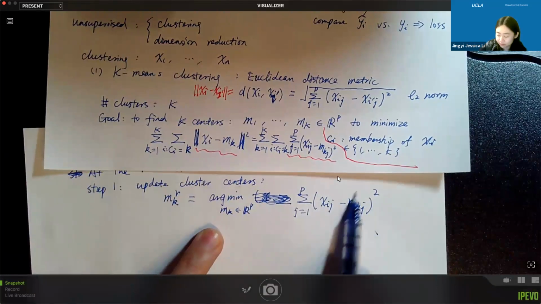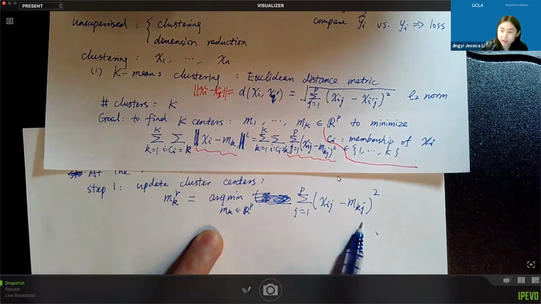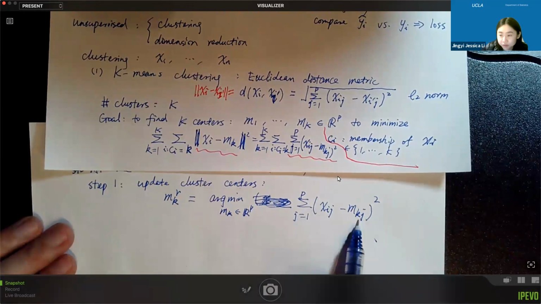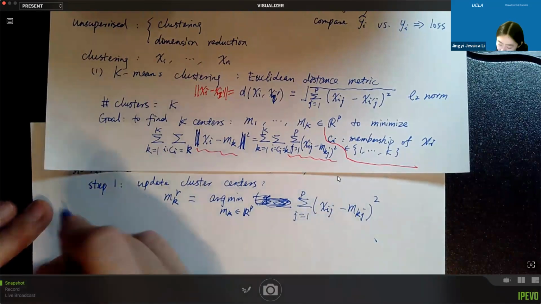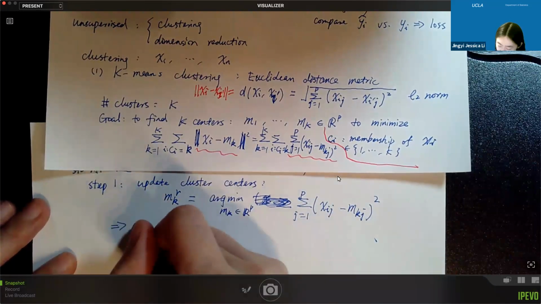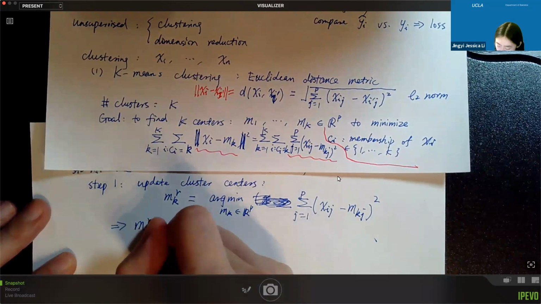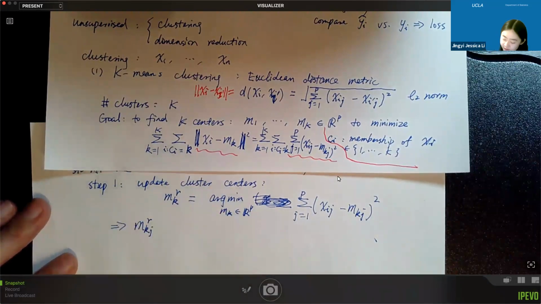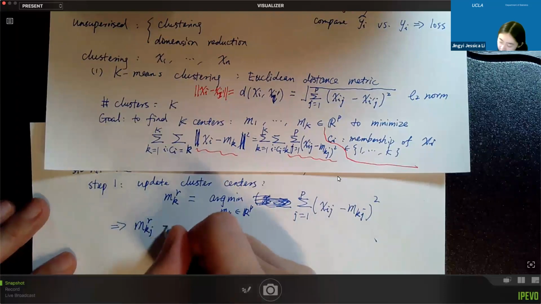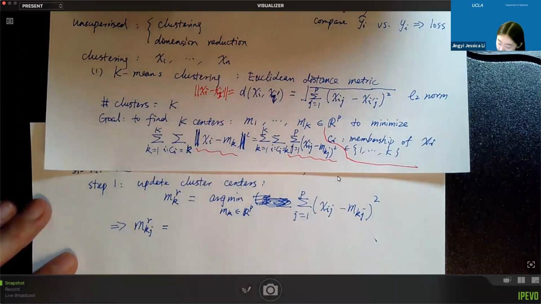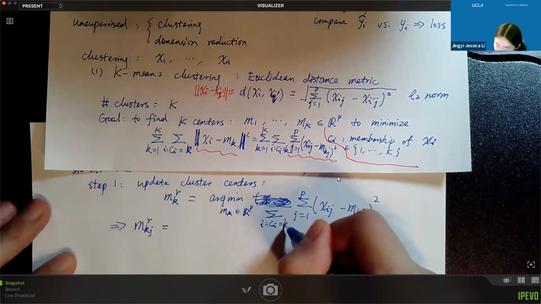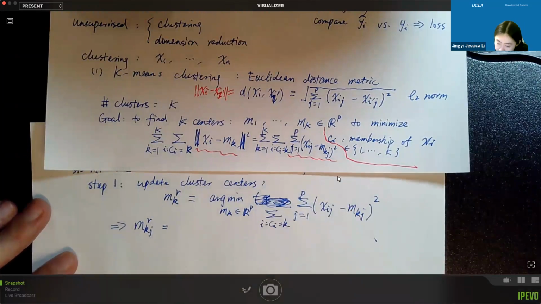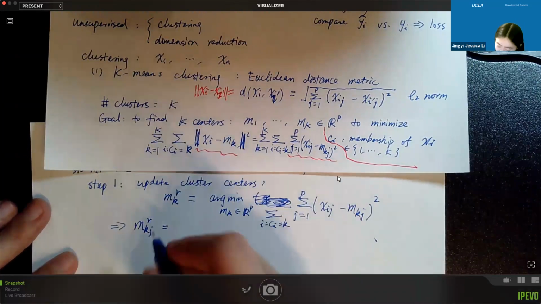How do we find the minimizer of a quadratic? We can take the derivative with respect to each m_kj and set that derivative to 0. So we can show that this gives m_kj^r, the jth coordinate of m_k, is just equal to the average. Oh, sorry, I forgot this thing: over i such that C_i equals k for the data points here.